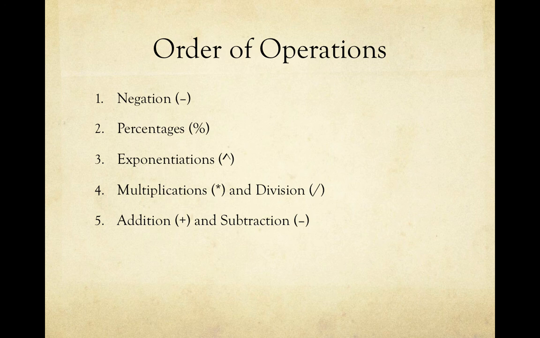If you want to override that order, say you wanted the addition and subtraction to happen first before multiplication, then you would have to use parentheses to override that order of operations. And we'll use this more in our next video.